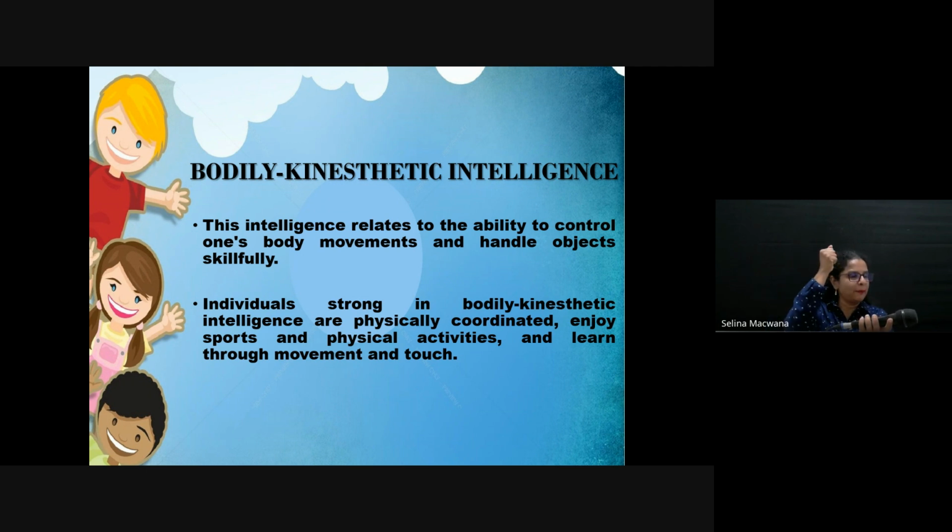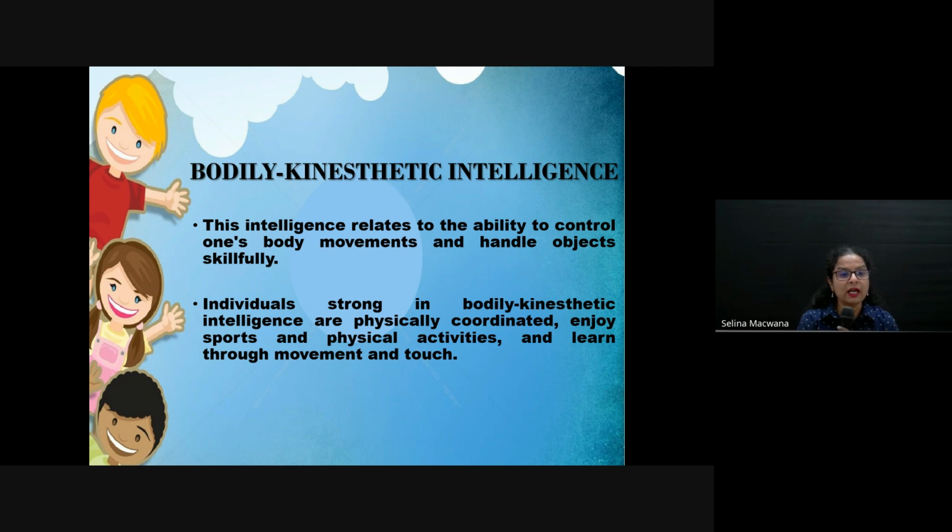Pharaoh was stubborn. He did not let the people go. So, bodily kinesthetic, you're just giving them some actions to do, some movement in your class. Also, they would like outdoor activities and field trips, which you can engage them in.